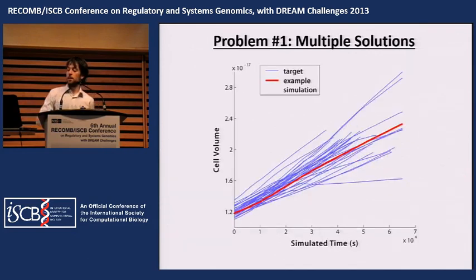That might be a little abstract, so let's look at some single cell data, or growth curves. Remember that the competition organizers created a mutant model that grew much slower than the wild type model. The blue lines show growth curves for the target phenotype that the competition organizers gave us. Remember, because of the stochasticity, there's quite a bit of variability here.